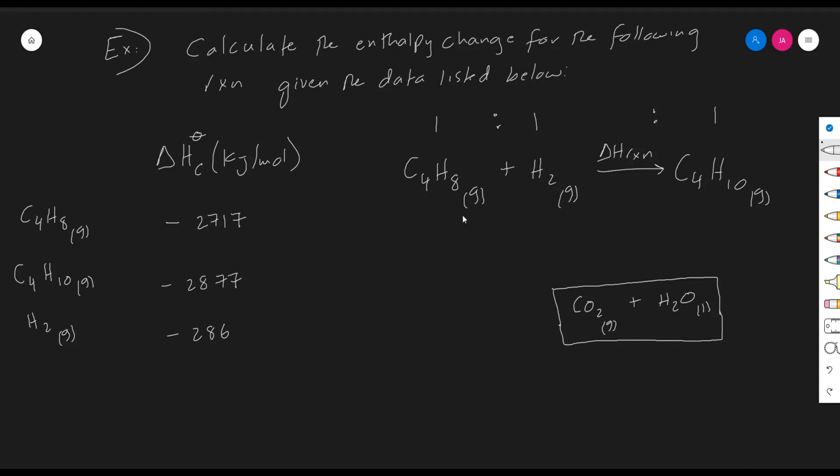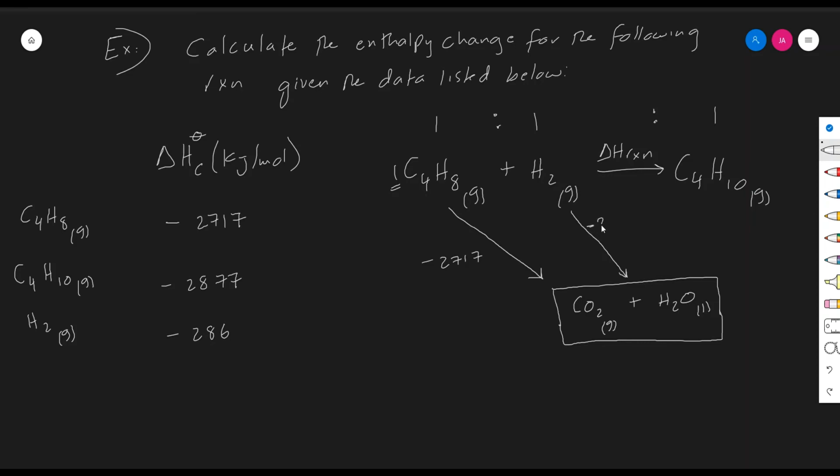I'm given the enthalpy change of combustion when 1 mole of C4H8 is completely combusted into CO2 and H2O, and the value for this is negative 2717 kilojoules per mole, and what I have here is 1 mole, so I'm fine. I'm also given the enthalpy change of combustion when combusting 1 mole of hydrogen gas into H2O, and since it's 1 mole here, I don't have to worry once again about multiplying the enthalpy change by any other factor.